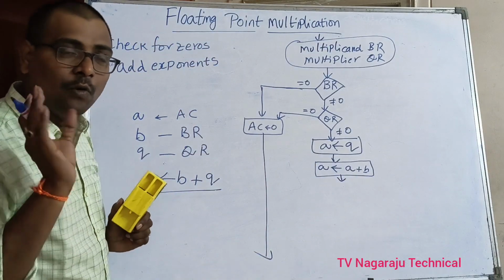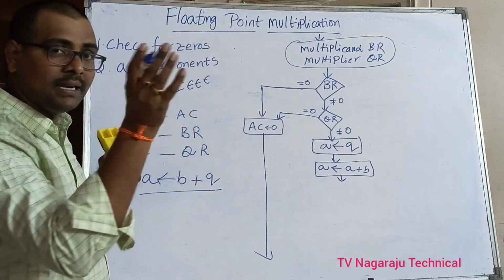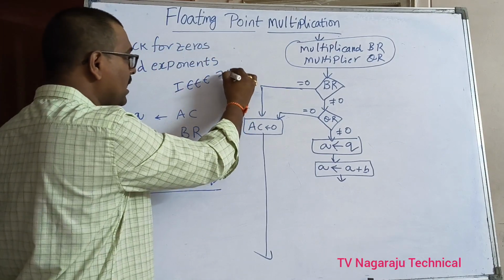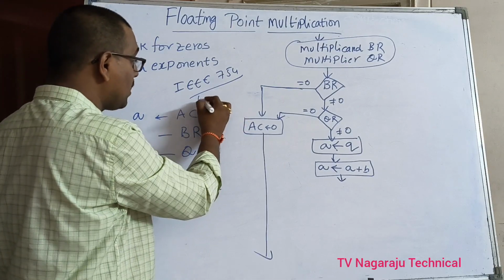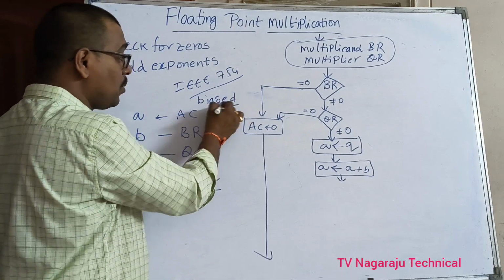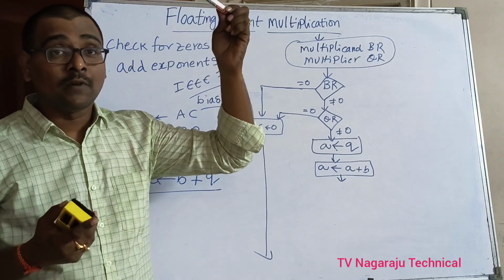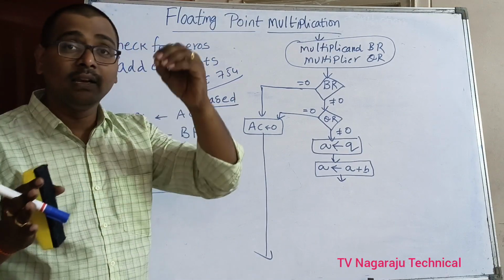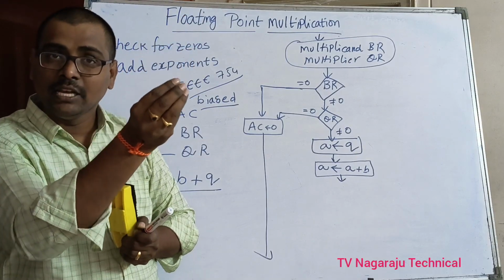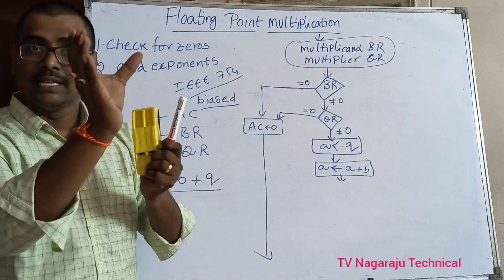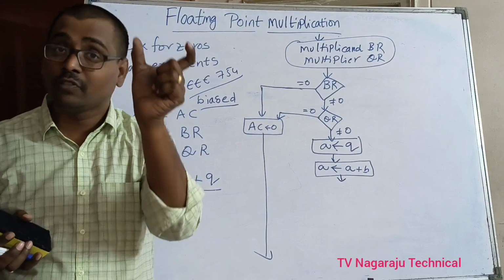Now if the floating point numbers are represented in the IEEE 754 format, the exponents are biased. What is meant by this biasing? We already discussed floating point representation. Generally the mantissa is stored in the register, and the sign bit is used to store the sign of the number.